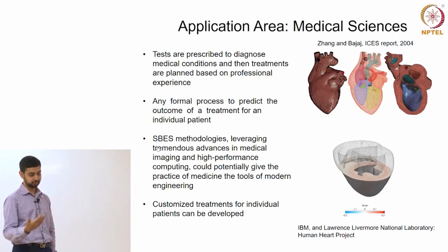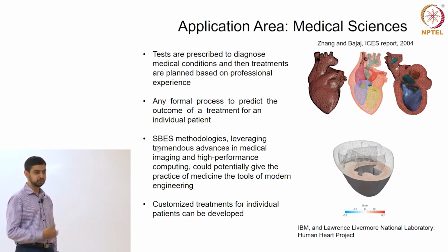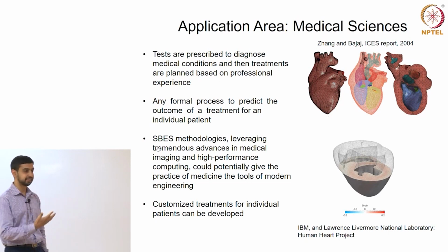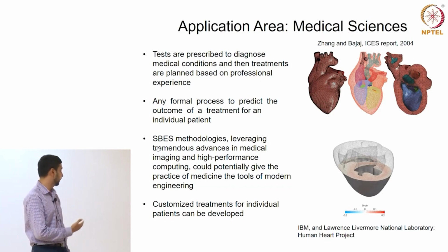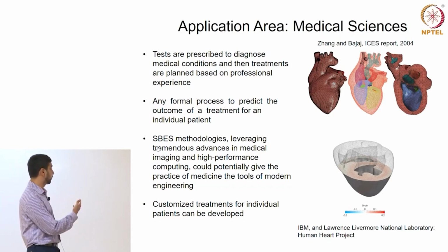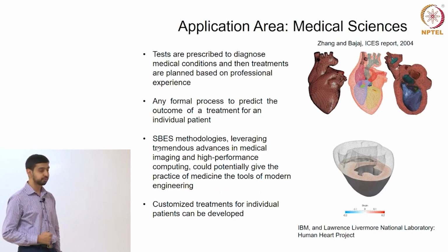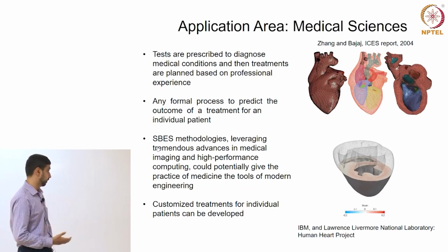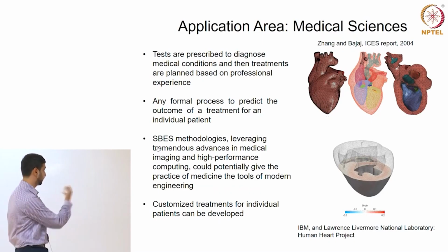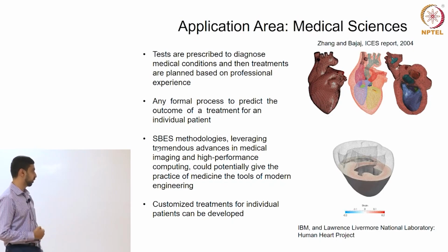I mean, yes, we are assuming that the worldview we have is deterministic, and we assume that the inputs are given to us and they are known. But we can probably translate a lot of that into medical sciences as well. Although there is no formal process to predict the outcome of a treatment for any individual patient, we may be able to, based on simulation-based engineering sciences and methodologies.